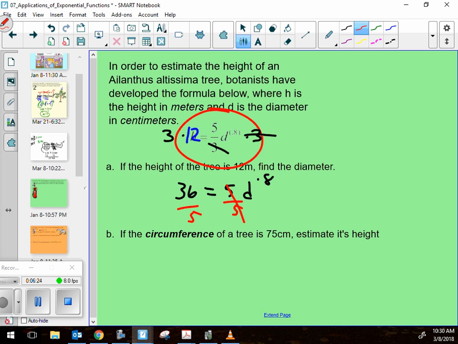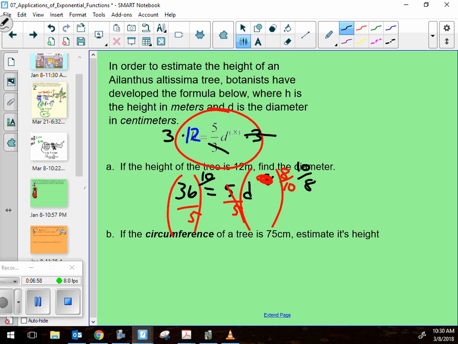That cancels. And now I can put it to the 0.8 power. No, I just got it wrong. How do you do the reciprocal of 0.8? You can do 1 over 0.8, but there's a sneakier way. What is the right way to say 0.8 officially? 8/10 or 4/5. And so if this is 8/10, then you could put everything to the 10/8 power.